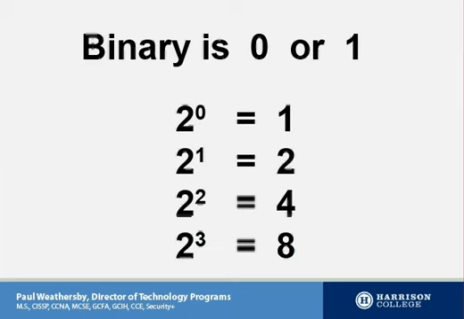Binary describes a numbering scheme that has only two possible values for each digit, a 1 or 0. You can also think of the bit as only having two possible states, either off or on.